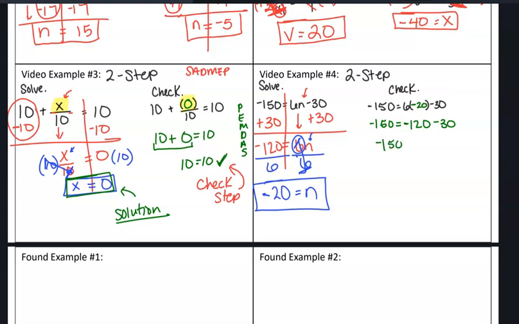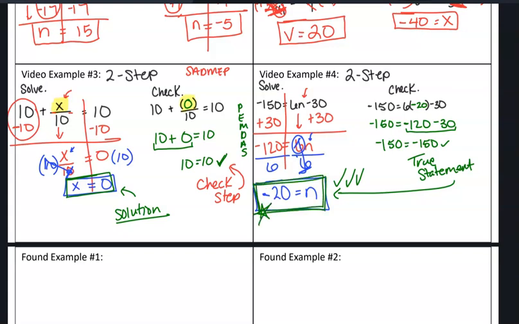We still have negative 150 over here because there's nothing to simplify. But we add those together. Same sign, add the numbers, keep the sign. Negative 120 plus a negative 30 is negative 150. True statement. That means this equation is correct. So our n value is negative 20.